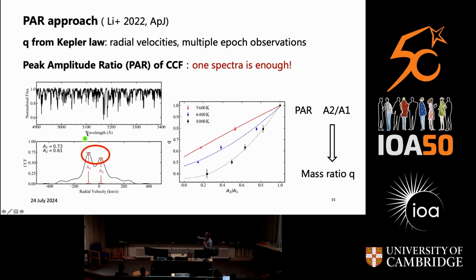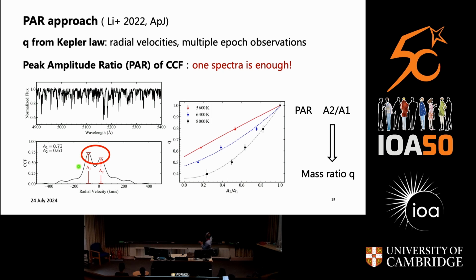So we have two components, one for the primary and one for the secondary. The peak amplitude corresponds to the luminosity. Luminosity is connected to mass.